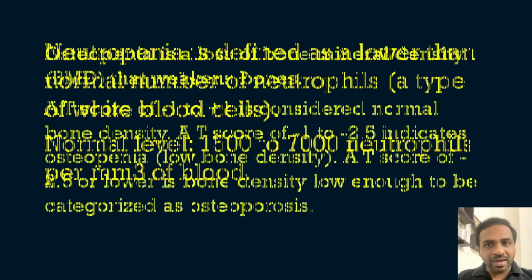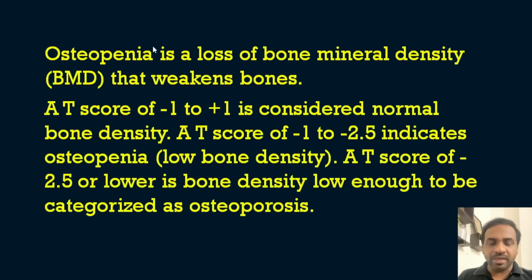Another option was osteopenia. There may be confusion between osteopenia and sarcopenia. Osteopenia is a loss of bone mineral density, or BMD, that weakens the bone. There is a scoring known as the T-score, and a T-score of -1 to +1 is considered normal bone density.